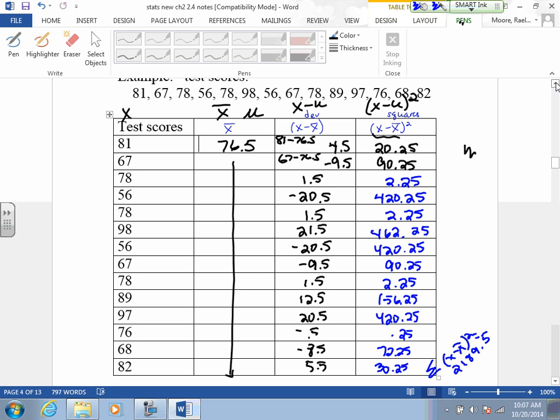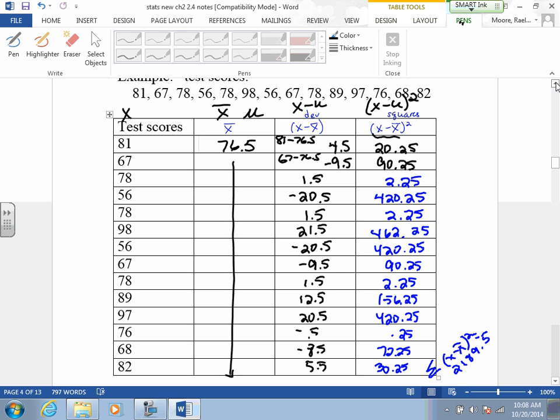Fortunately, I can't move my graph because I'll lose it, so I'm going to work up here in this little space. 2189.5. We took the squared differences and we summed it. The big sigma means sum. We took that whole column and we added it up.